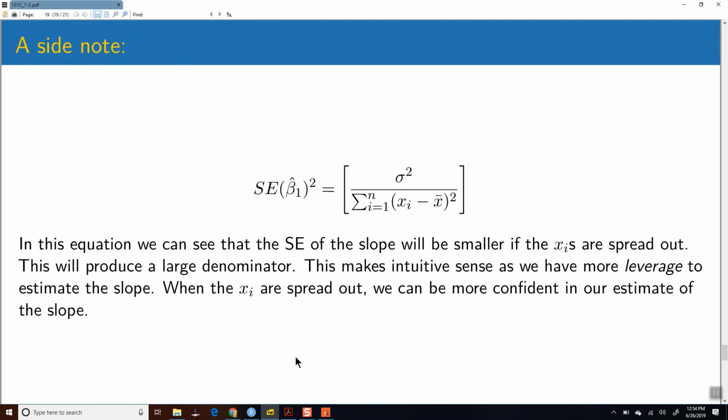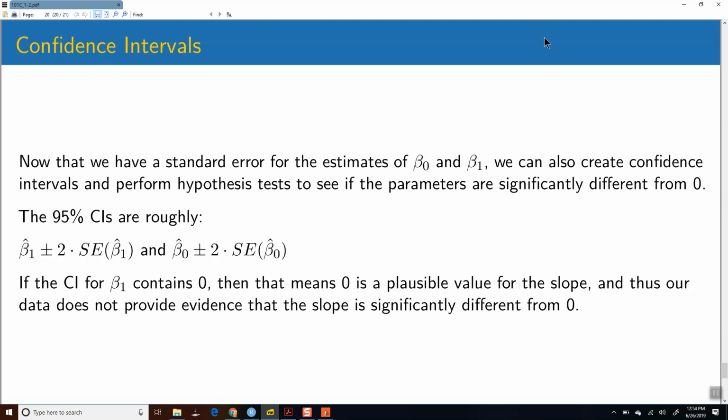Okay, or so we might say we have more leverage to estimate the slope. Okay, so that's a nice feature there.